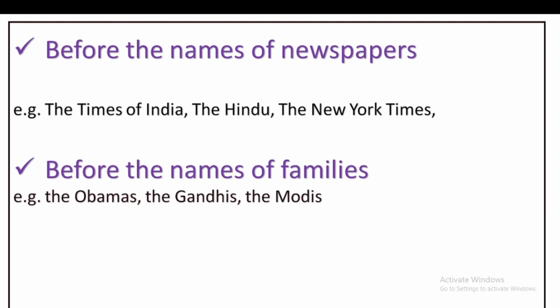The next rule says that the is used before the names of newspapers: the DNA, the Times of India, the Hindu. We also use the before the names of families. What I mean by families is the surname. When you are talking about one person, you use the surname alone, but when you are talking about the whole family together, the whole clan, then we use the before that surname, and there is an s after the surname. For example, the Obamas.